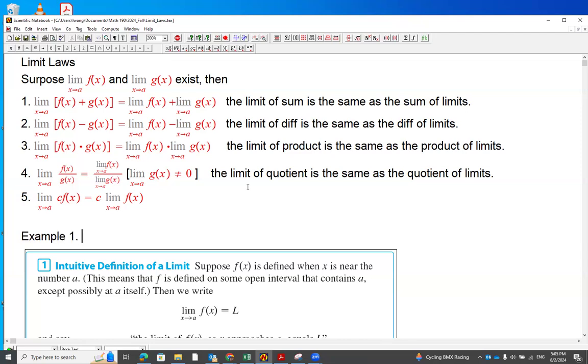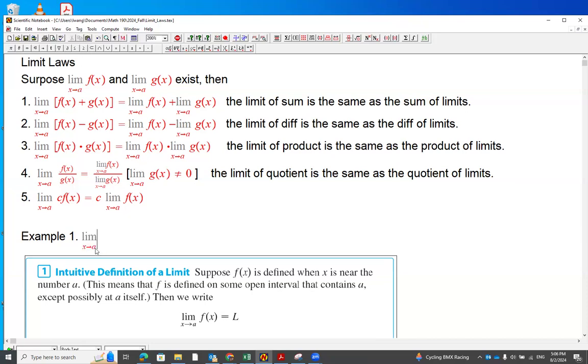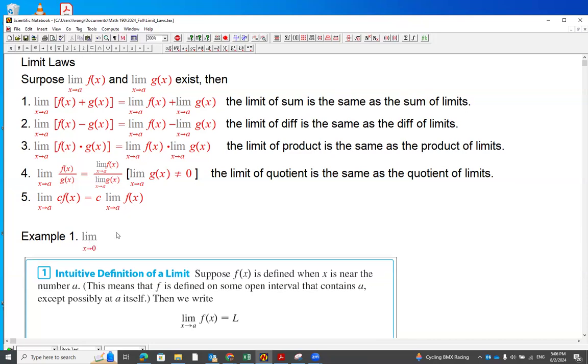Example number 1. Suppose we have two limits. So we have the limit of f of x. We've done some examples, right? One of these examples would be the limit of, say, x approaching 0 of sine x divided by x.